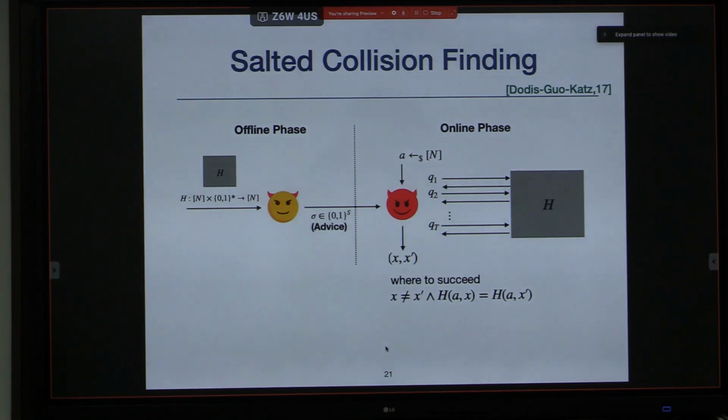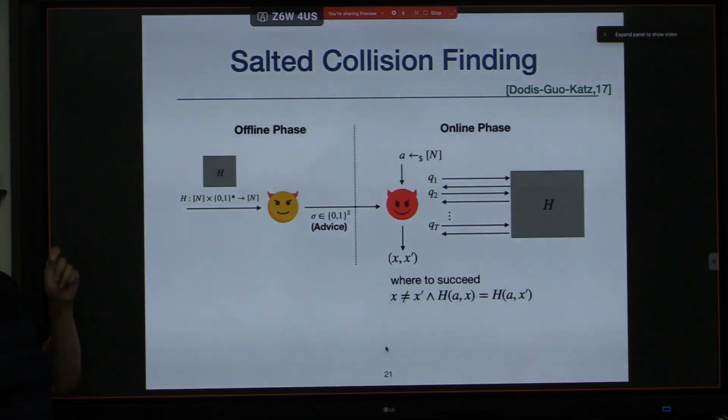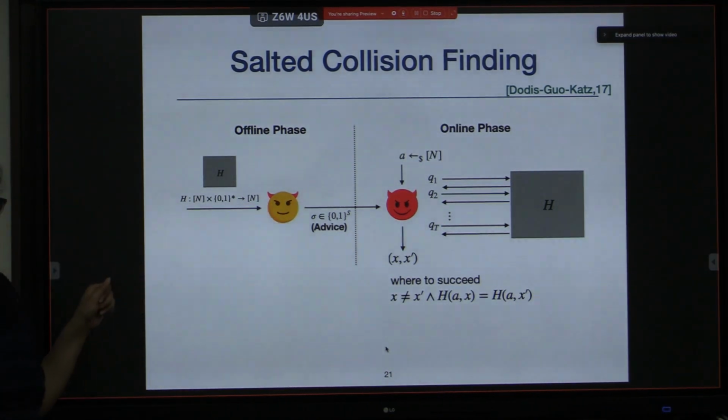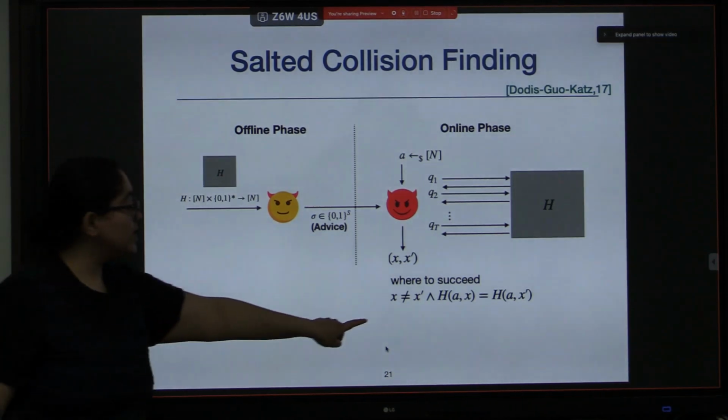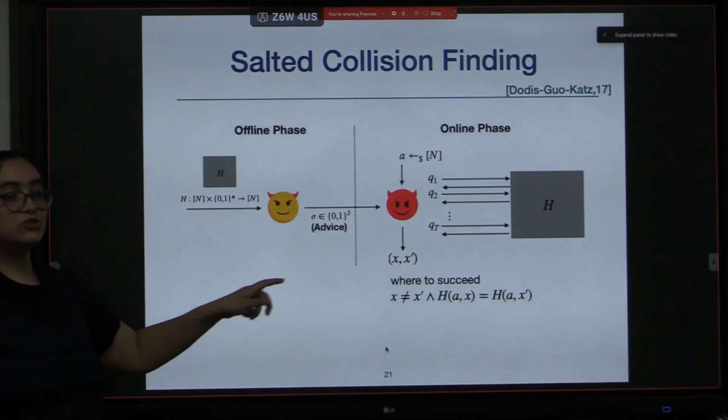It stores S bits, but then in the online phase, it gets a challenge ID. Now it gets to make queries to the function, and there is a restriction: the two messages that you find have to collide with that ID. So your output h of ax should be equal to h of ax prime.